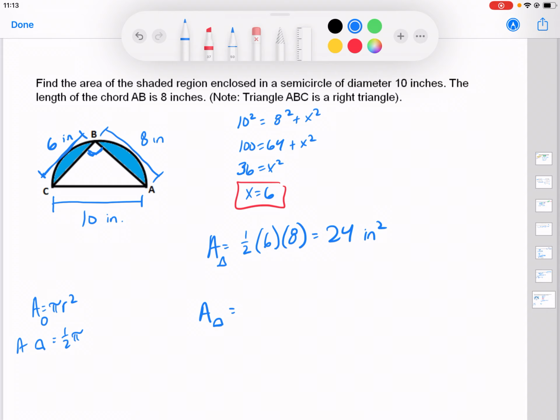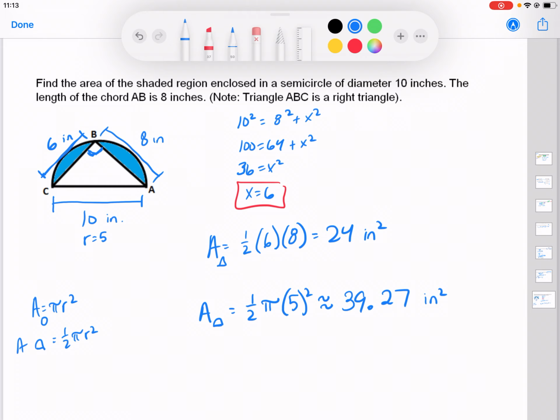So I am going to take a half, multiply by pi. My radius is going to be 5, so 5 squared. And then I'm just going to find the approximate answer. So we've got 39.27 square inches.